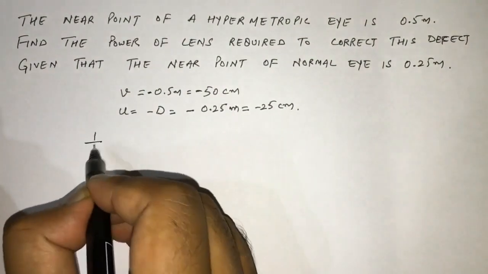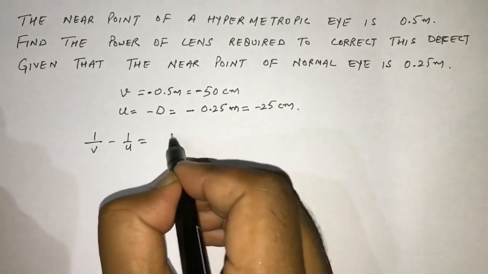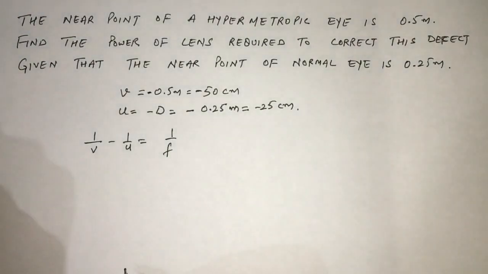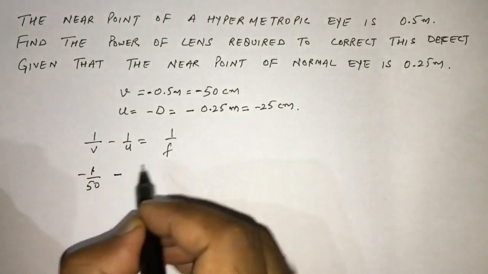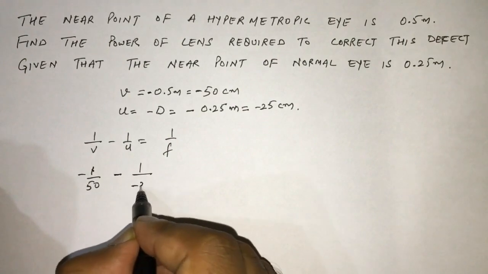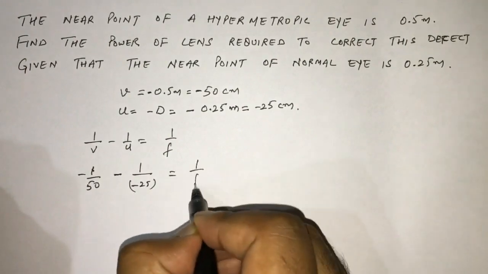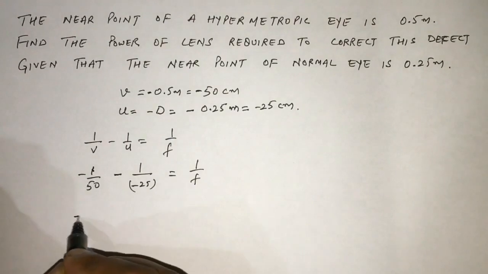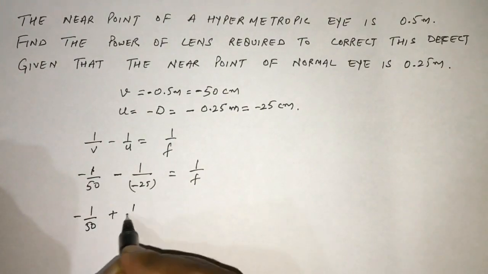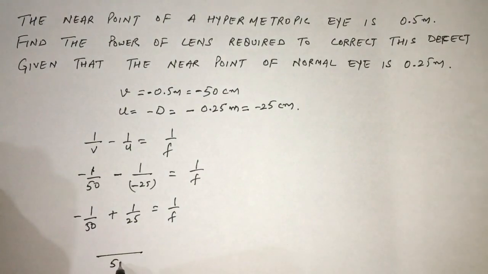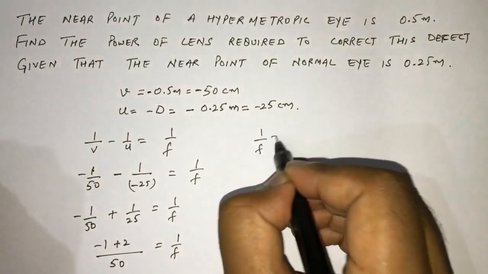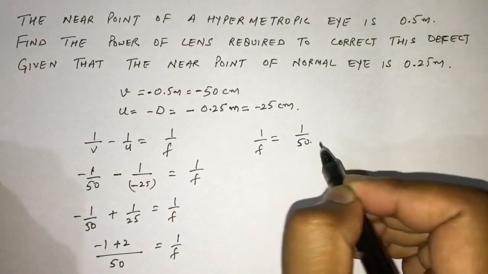Using the lens formula, 1 by V minus 1 upon U is equal to 1 upon F. The value of V is minus 50, minus the value of U, 1 upon minus 25, is equal to 1 upon F. So it becomes minus 1 by 50 plus 1 upon 25 is equal to 1 upon F. By taking LCM, minus 1 plus 2 over 50 is equal to 1 upon F. So 1 upon F becomes 1 upon 50.